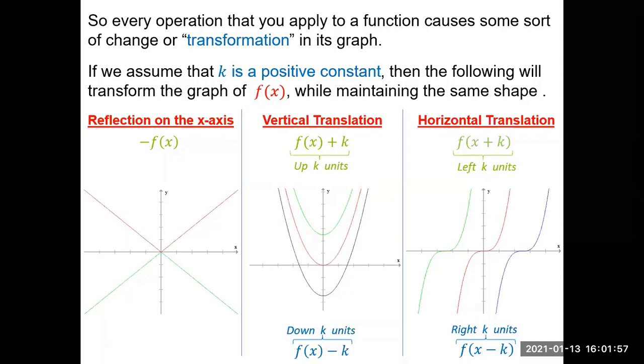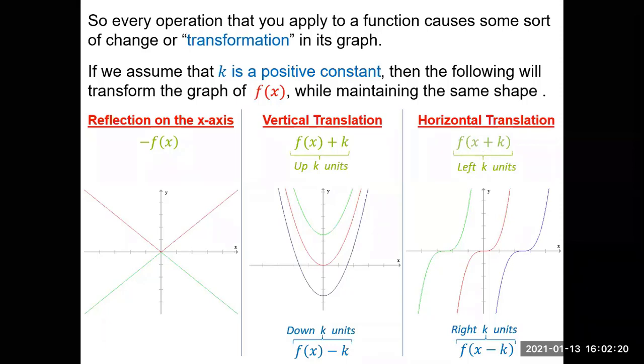So as we saw with the previous example on the previous slide, we can put all of these transformations together into one function and list out the types of transformations so that we no longer ever have to create a table in order to plot our points to graph. Instead, we plot the red parent function, which is the basic shape, and then we move the graph accordingly.